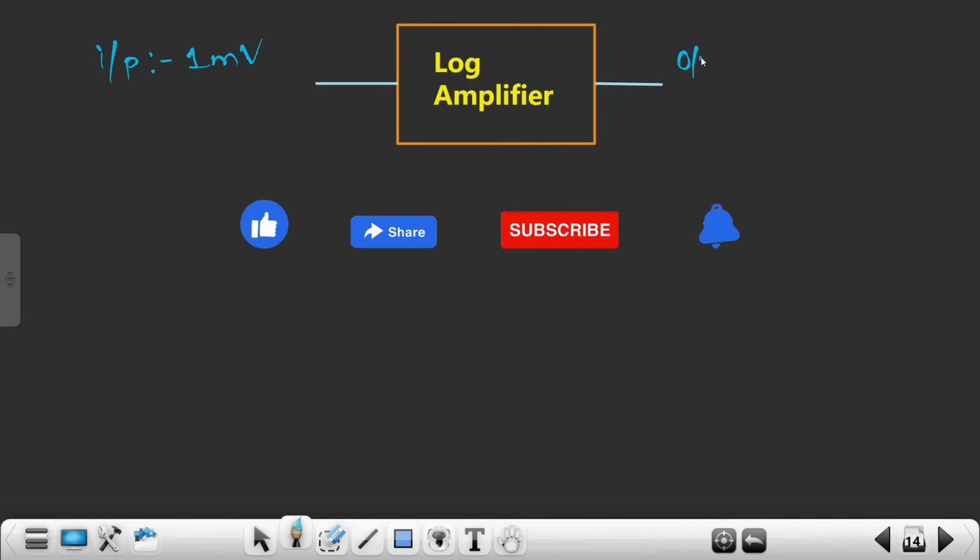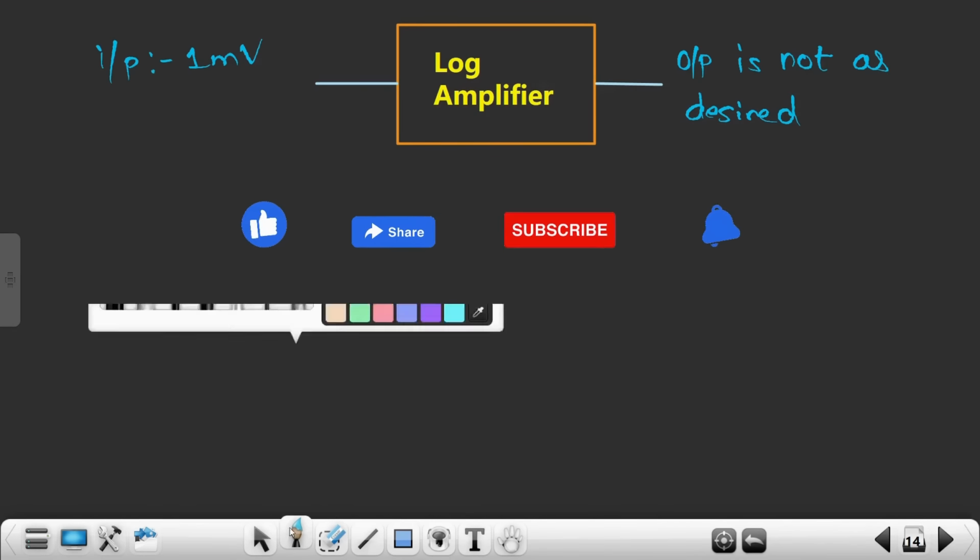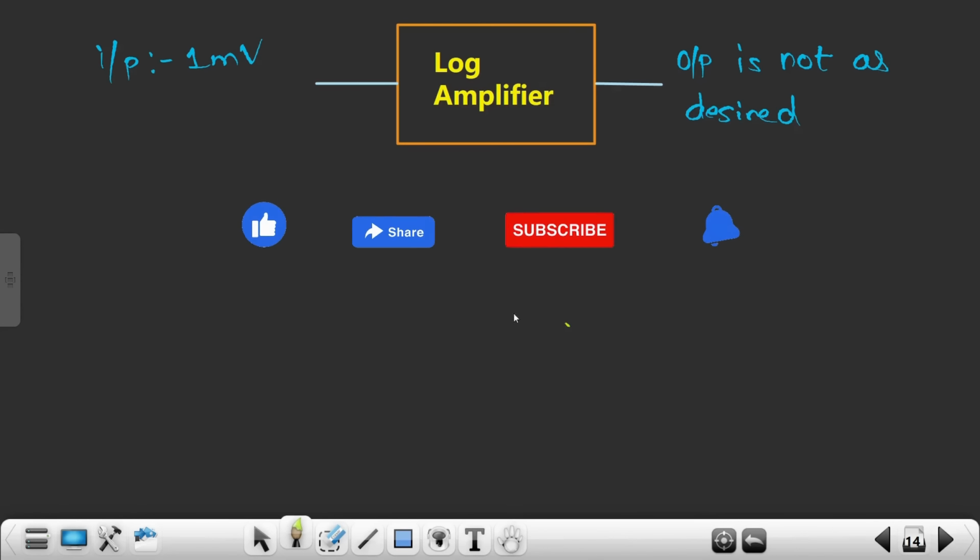So the output is not as desired. Remember this point very carefully. I'm just writing this point over here.